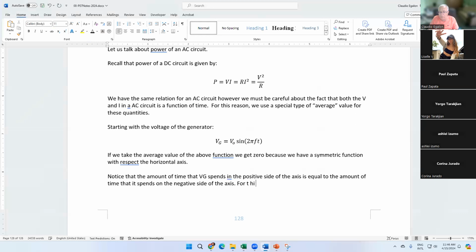For this reason, the average value of this function is 0. Okay?